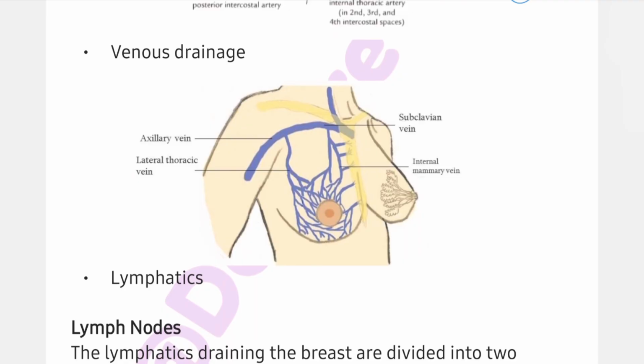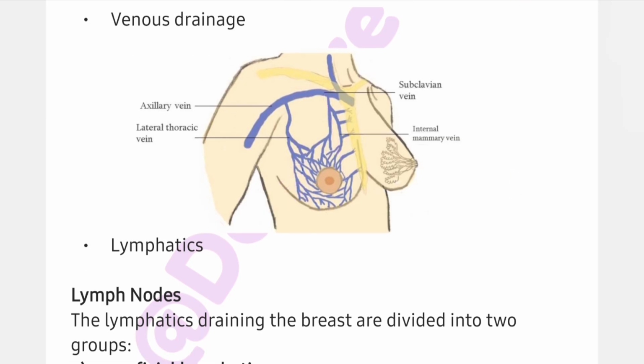And now we have venous drainage. Same, you have the axillary vein, the internal mammary vein, and the posterior intercostal vein. Here we have one clinical significance. Breast cancer can spread to the brain via venous drainage. It is not that breast cancer can only spread through lymphatic drainage, it can also spread through venous drainage.